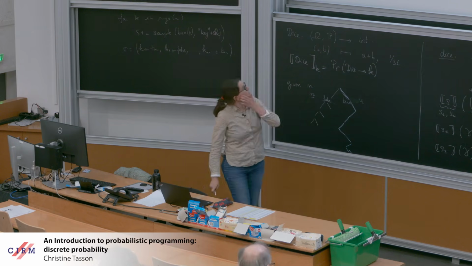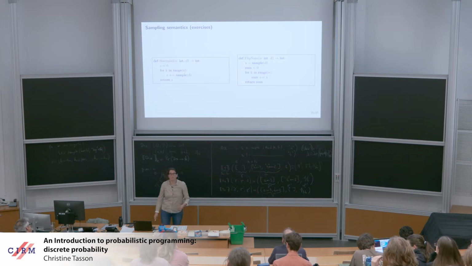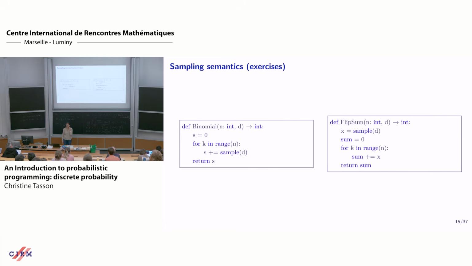Okay, and now for flip sum, what's happening? What will it look like? So I first sample my probability distribution D, and then I compute for k in range n the sum of the same sample.